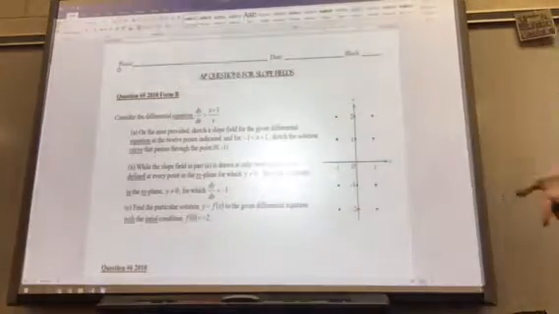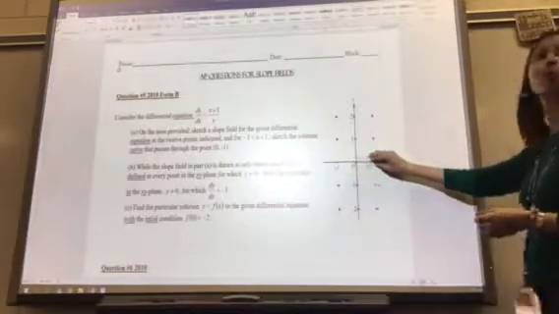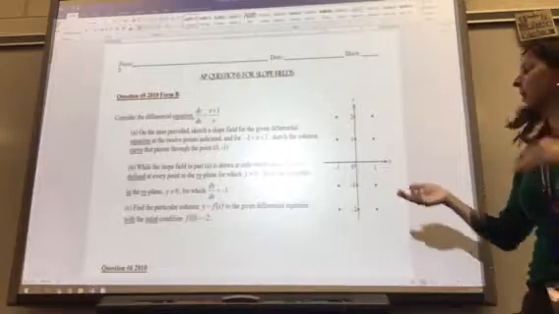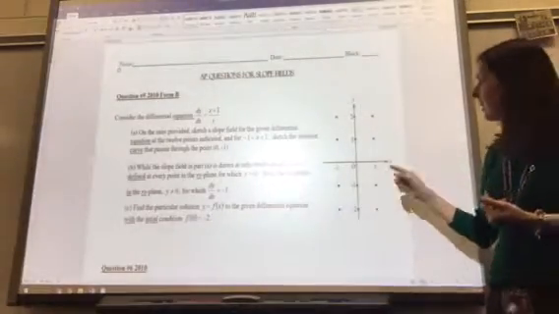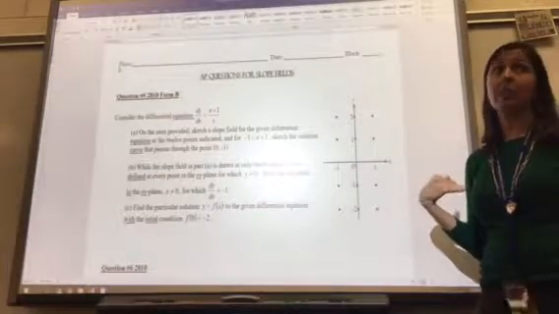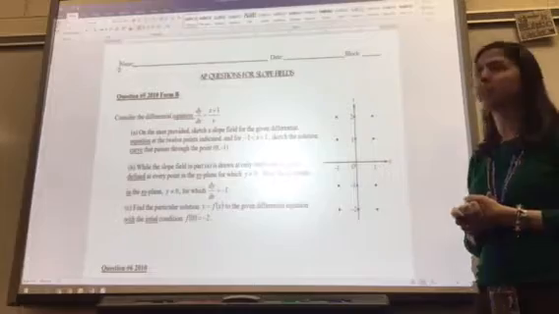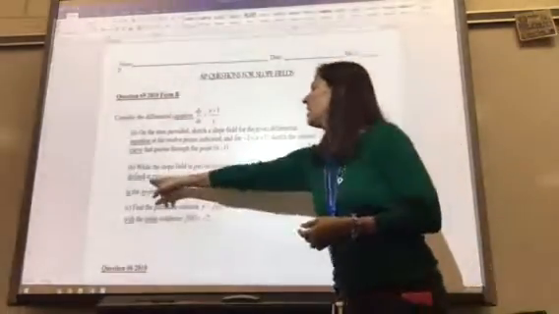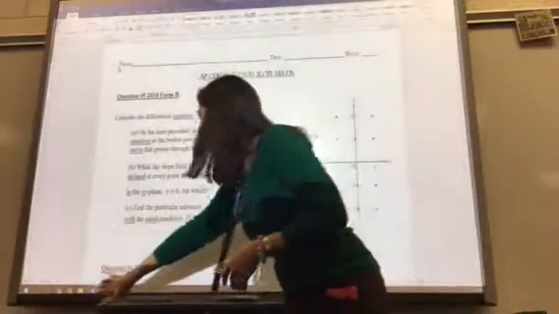Because they know it's undefined. They will never ask you to draw an undefined because you really don't draw it, it's a straight line straight up. They will certainly make you draw 0, but they won't make you draw an undefined. And they even said it's defined at every point where y does not equal 0. So they do know that.